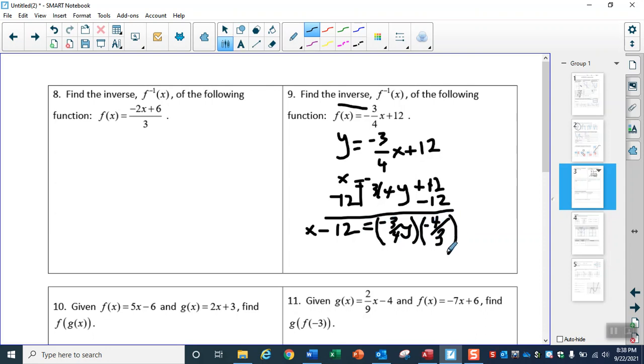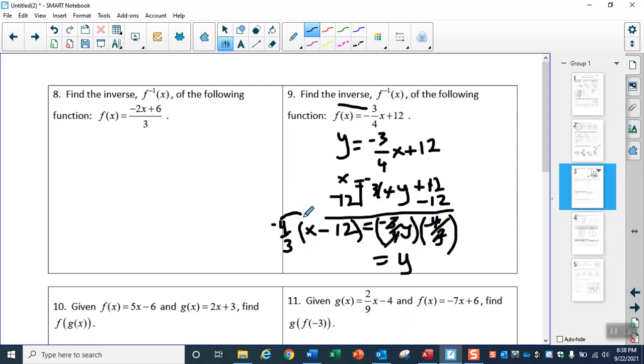Boom. And so I'm going to do that over here, negative 4/3. All right, so 3 cancels out, 4 cancels out. Negative times a negative is a positive y.